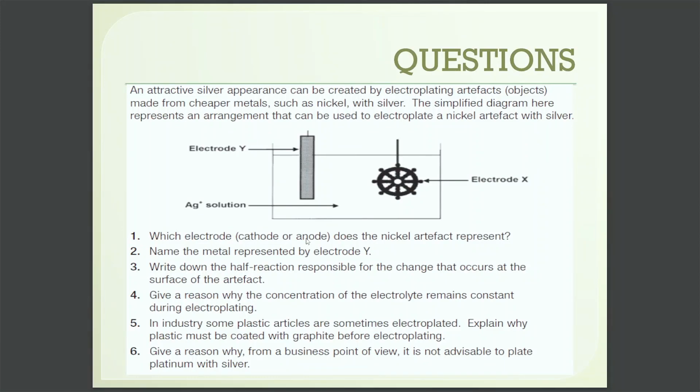Let's move to the next question. Number 5. In industry, some plastic articles are sometimes electroplated. Explain why the plastic must be coated with graphite before electroplating.